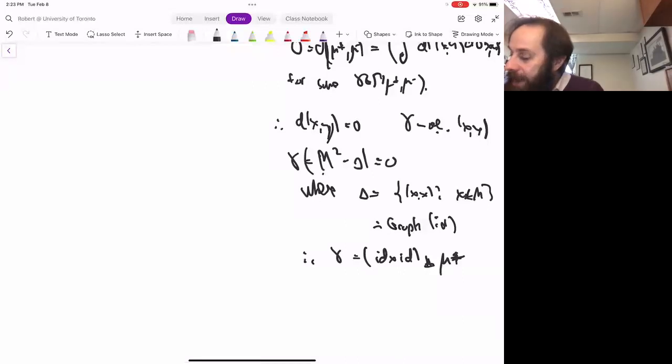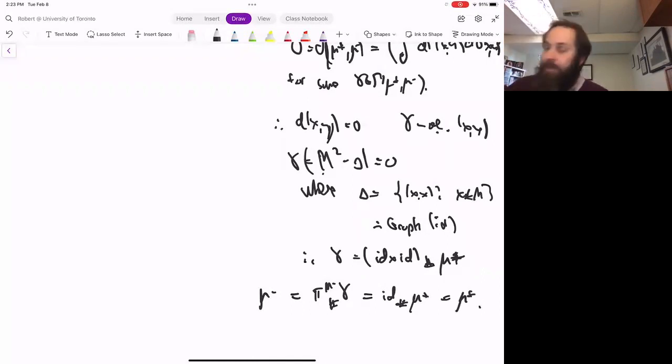If I compose this with projection onto the second coordinate, projection 2 of gamma, which is mu minus, it says that mu minus is the identity push forward mu plus. But the identity map push forward mu plus is mu plus, so mu plus is mu minus.